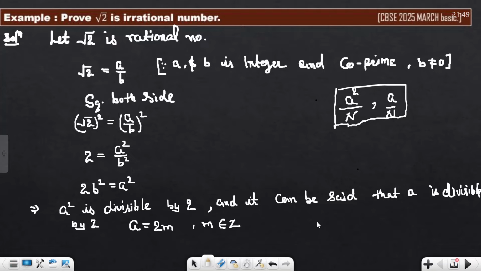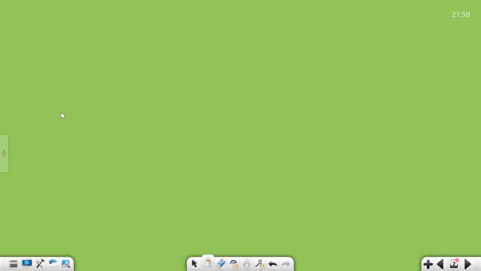Okay, so now how do we solve this? Again, next topic, you can write here one equation. In the next slide you can take a black ink pen. If a is equal to twice of m, the first equation is: twice of b square is equal to a square.